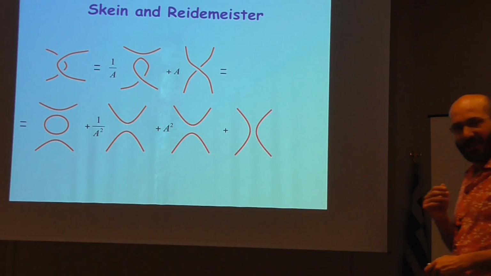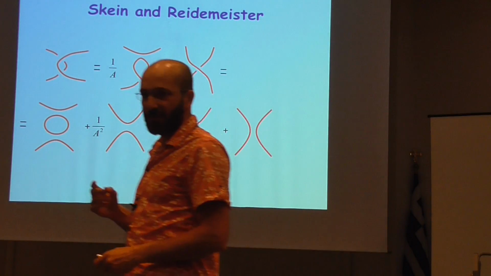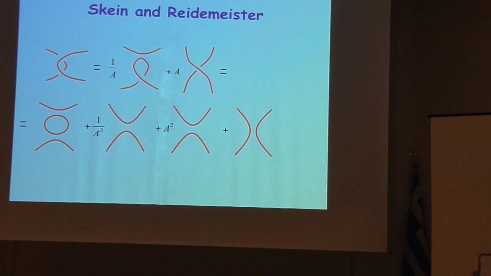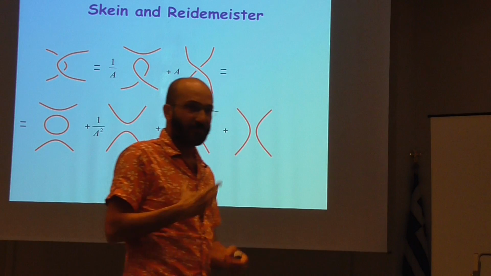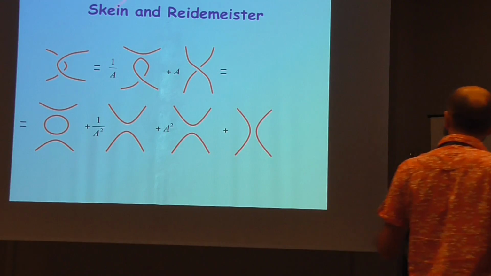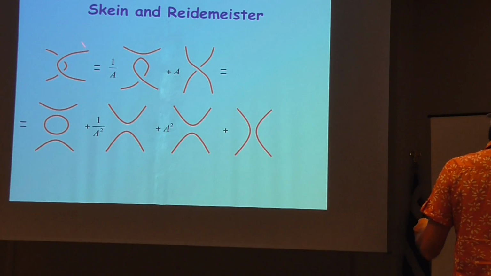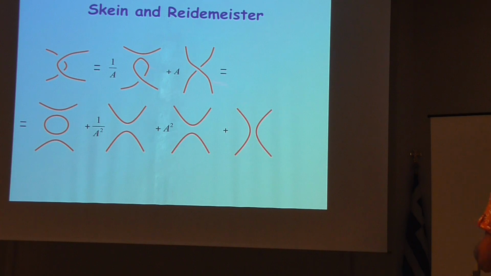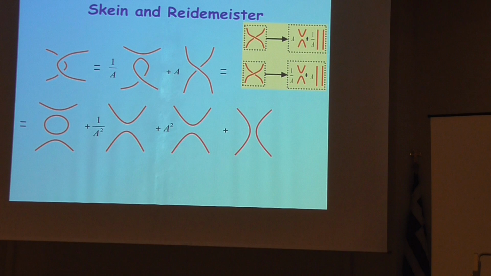Now let's see if the skein relations actually satisfy the Reidemeister moves. I know that this one should be equivalent to only this one. So can I apply the skein relations to these crossings and get this link only?